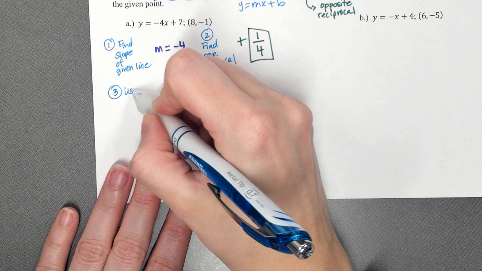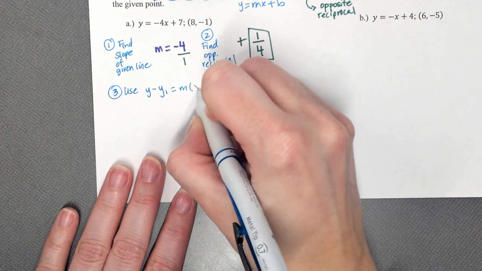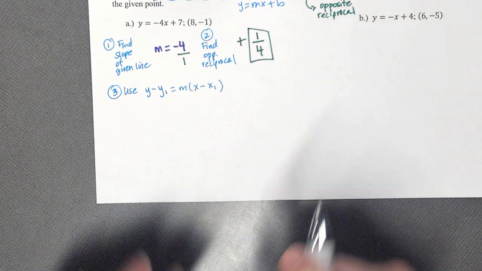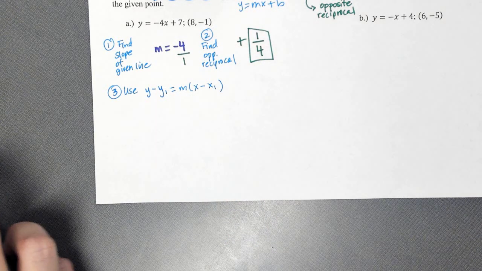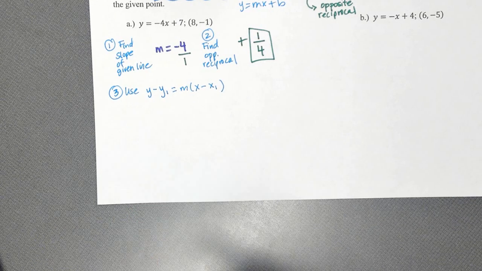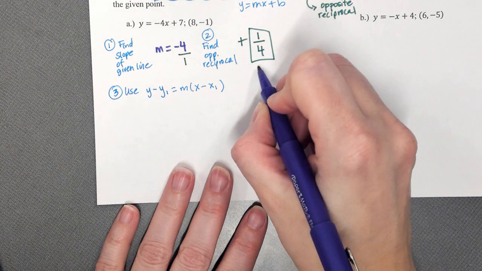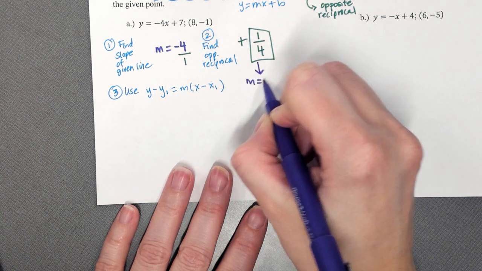Okay, so this is where you're going to use y minus y1 equals m(x minus x1). So you're going to use your point slope form, y minus y1 equals m(x minus x1). Now your slope is this, 1/4.